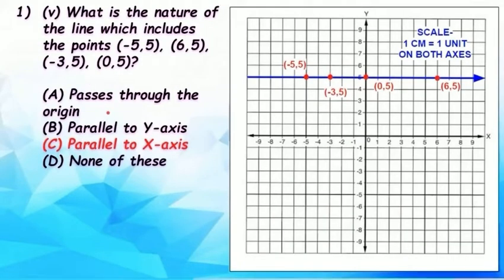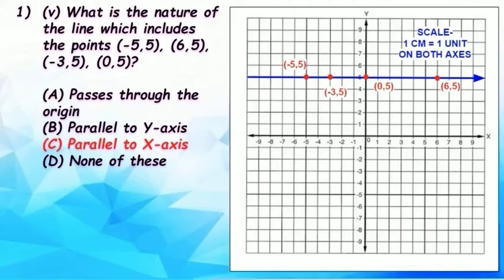Next question says, what is the nature of the line which includes the points -5, 5, 6, 5, -3, 5 and 0, 5. So let us plot these points and understand what will be the nature of a line that passes through all these 4 points given to us.